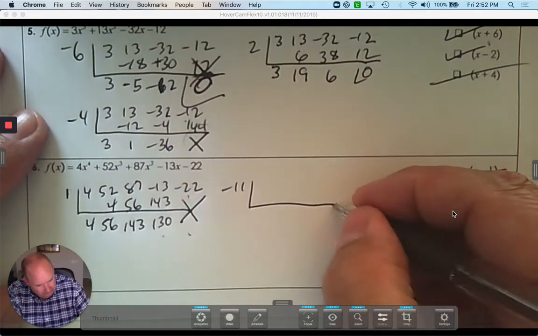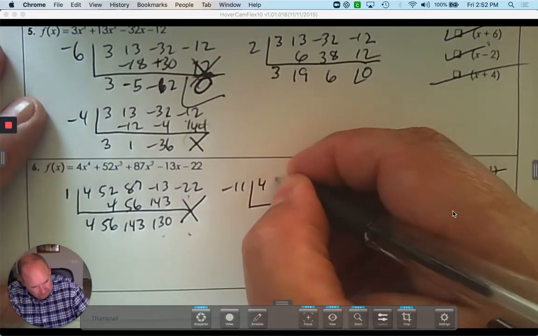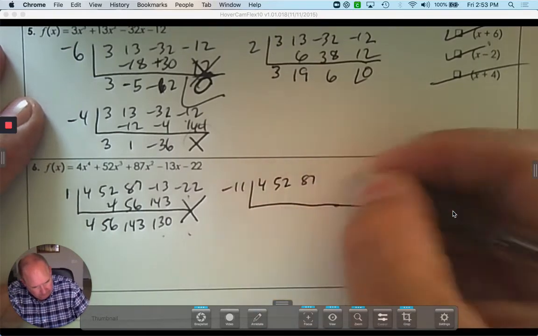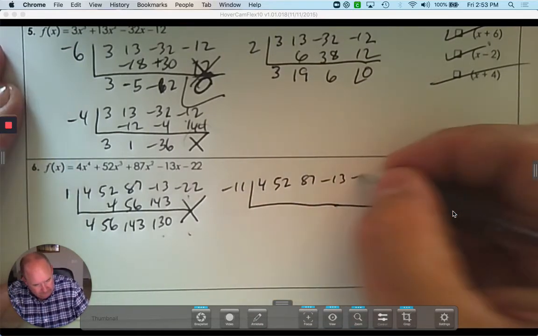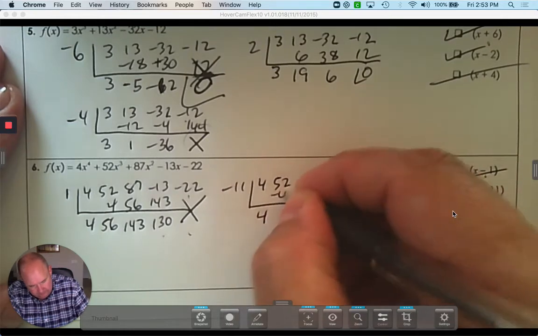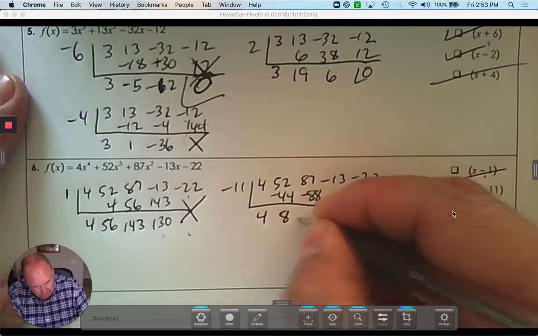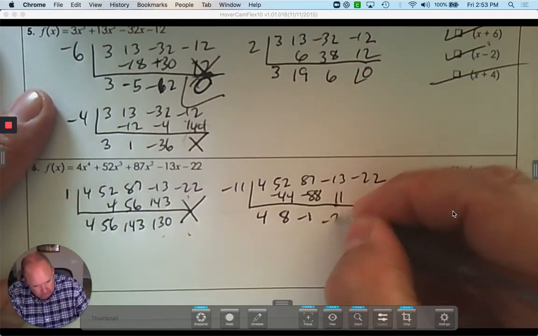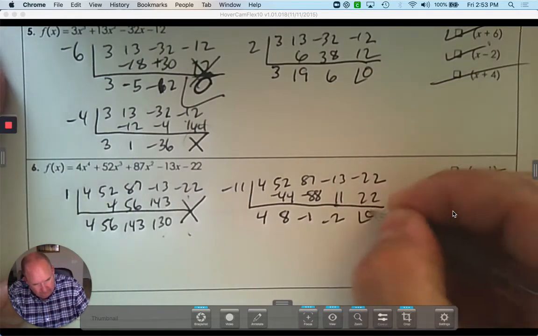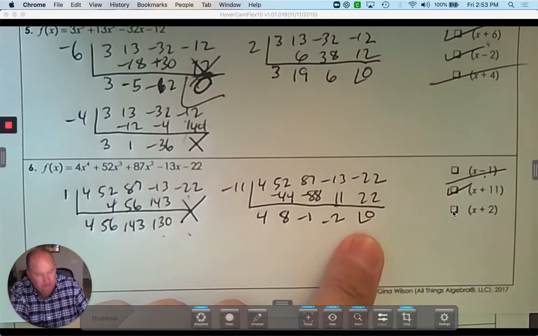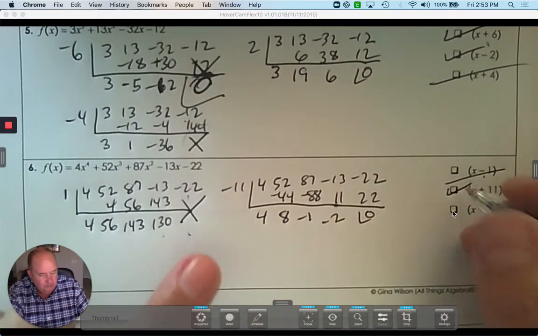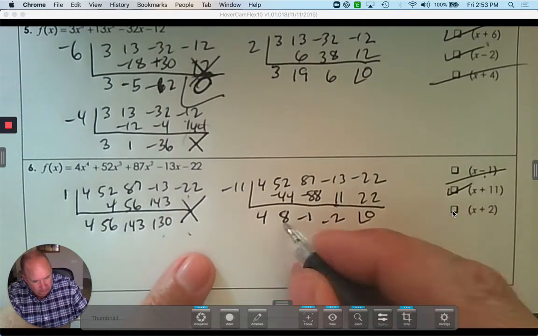So negative 11. Set it up. Definitely gives me a remainder of 0. That one works. Now, I'm just going to use the remainder, so I'm not going to go back here.